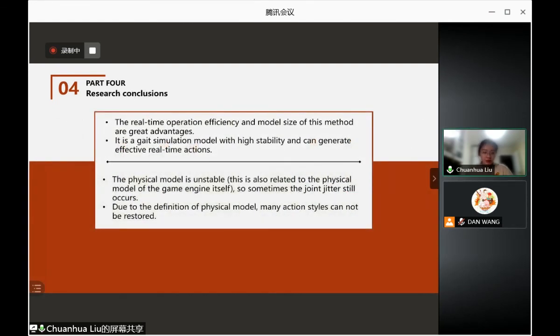Moving to the conclusion. The real-time operation efficiency and model size of this method are a great advantage. It is a gait simulation model with high stability and can generate effective real-time actions. But here are some problems. The physical model is unstable. It is also related to the physical model of the game engine itself, but yes, it has a problem.